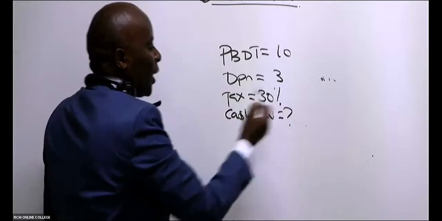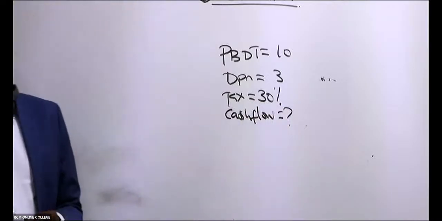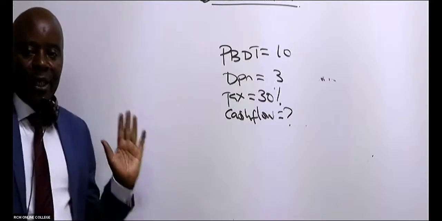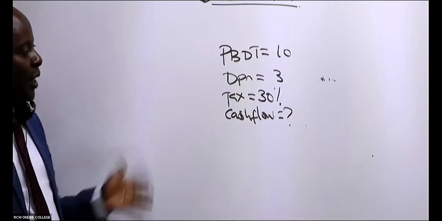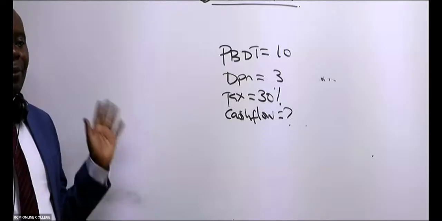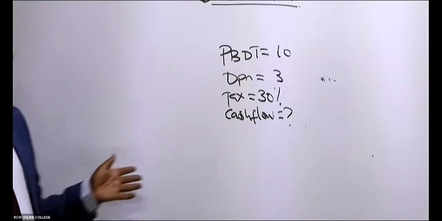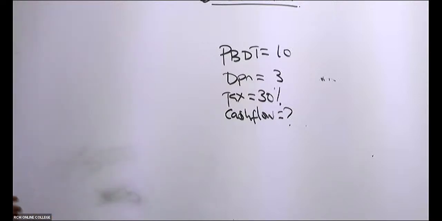So we have been given profit before depreciation and tax of 10 bob. Depreciation itself is 3 bob. Rate of tax is 30%. Cash flow is what the examiner wants.